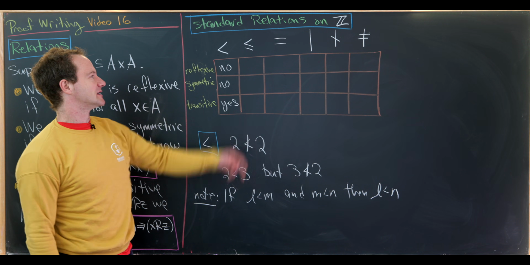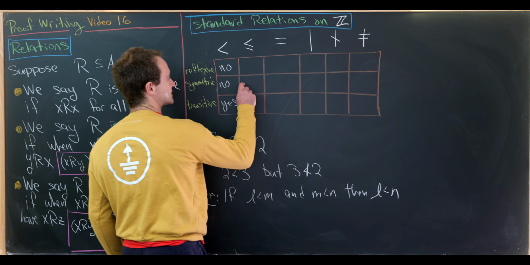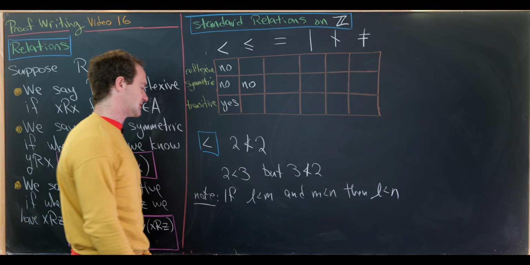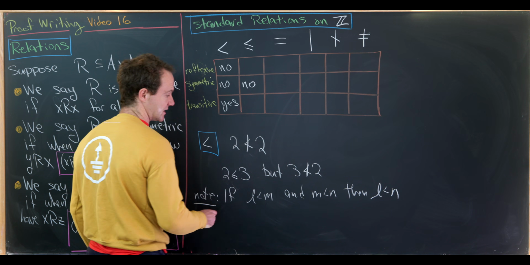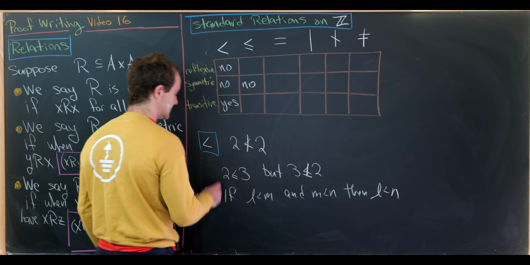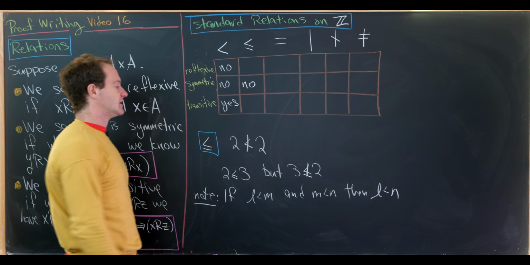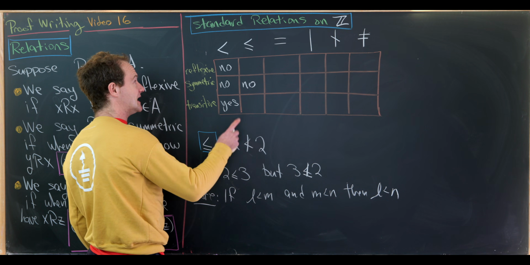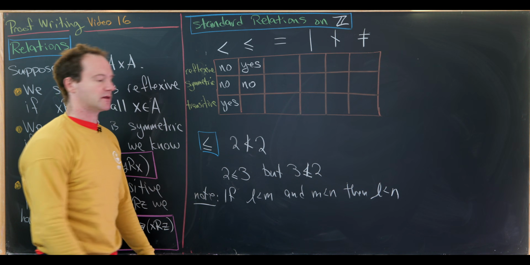Okay, now what about less than or equal to? Notice that it's not symmetric, so let's start with that. It is not symmetric. That's because 2 is most definitely less than or equal to 3, but 3 is not less than or equal to 2. But it is reflexive. That's because any number is less than or equal to itself, because we allow that equality.